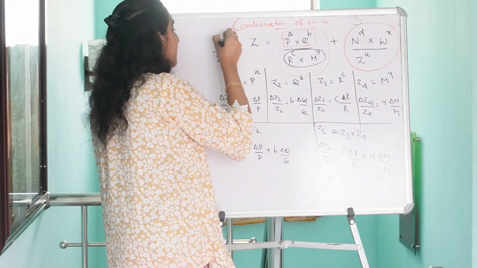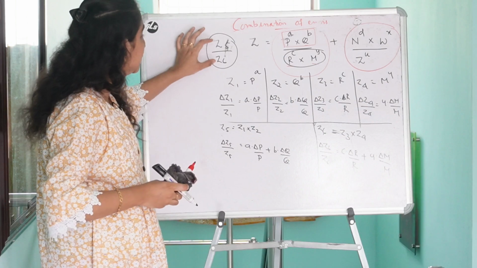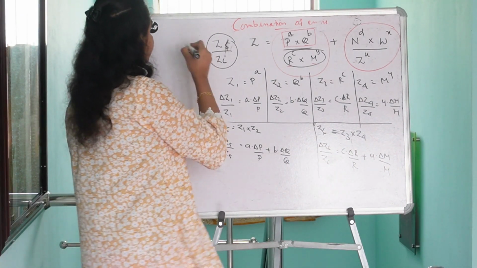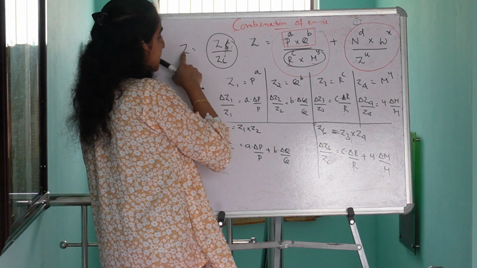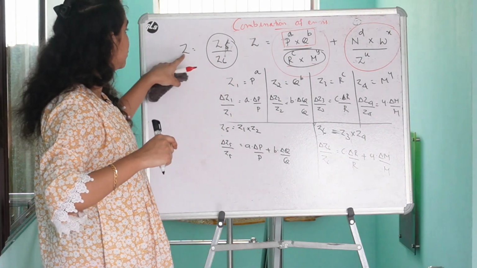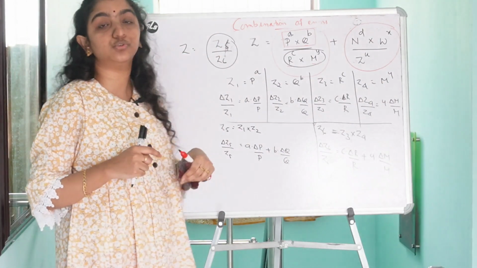Here we are dividing these two physical quantities, Z5 and Z6. So Z is equal to Z5 by Z6. Here we are dividing to obtain the resultant.